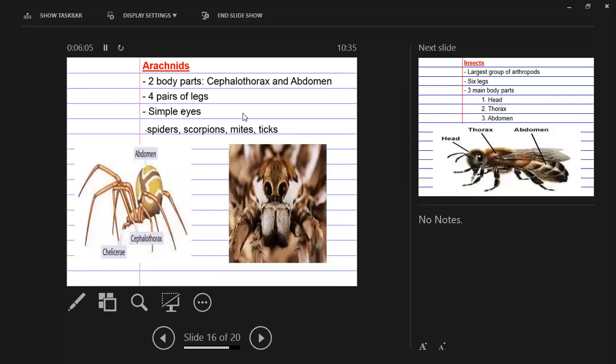Arachnids: two body parts, four pairs of legs, simple eyes. Example: spiders, scorpions, mites, and ticks.